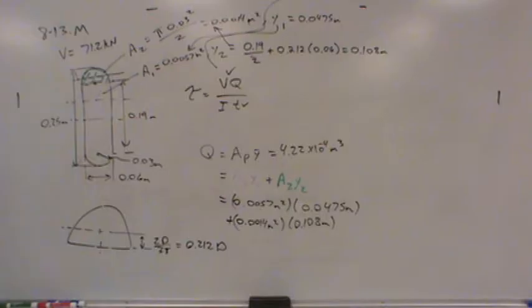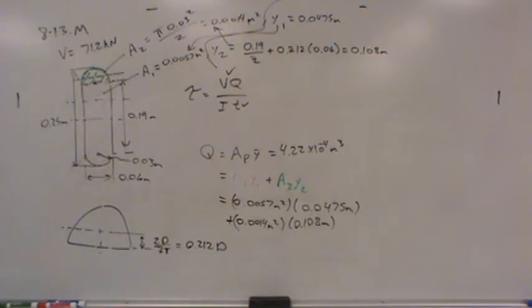All right, so Ix will be equal to 0.00686 times the diameter, 0.06 quantity, to the fourth. Not squared, that would give us the wrong units.